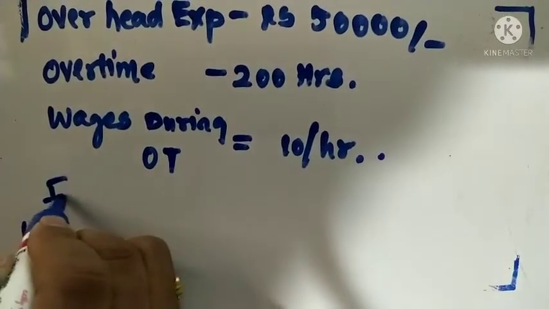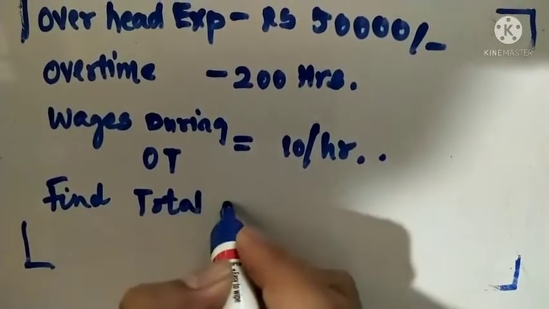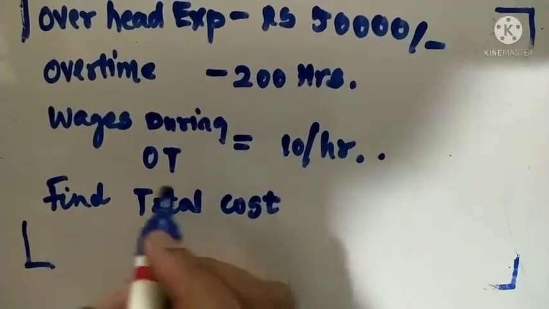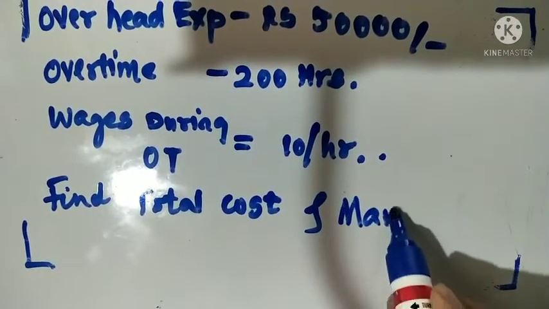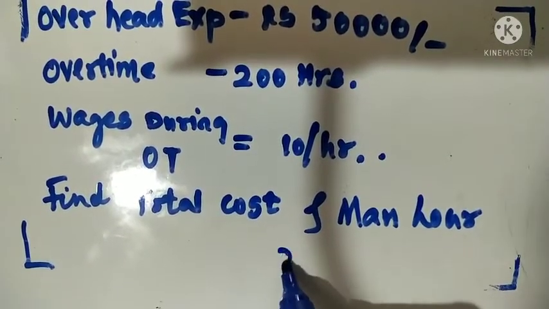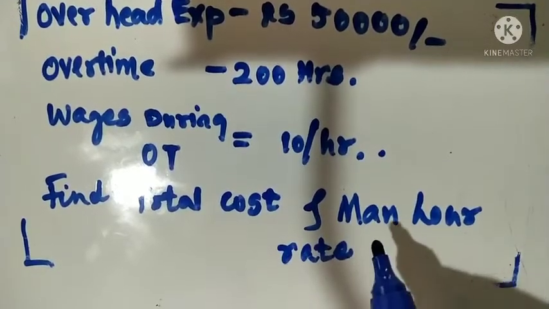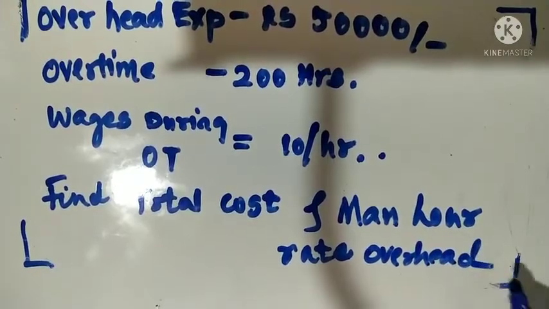In this problem, what we have to find out is the total cost and the man hour rate for overhead expenses. Keep this in mind, man hour rate for overhead expenses.